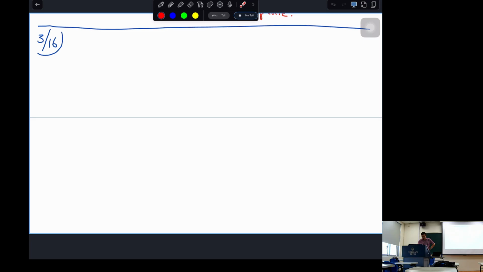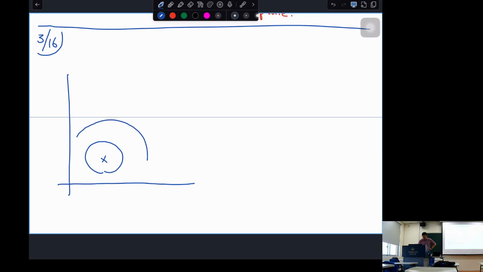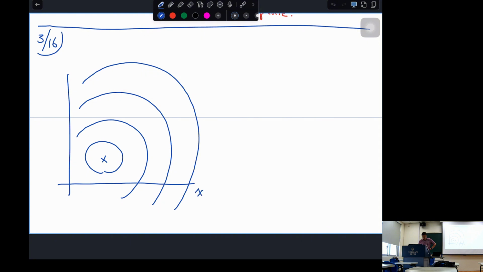So if I make a drawing, if this is the contour of your objective function, and this direction being the direction for function value decreasing, so we call the descent direction, right?